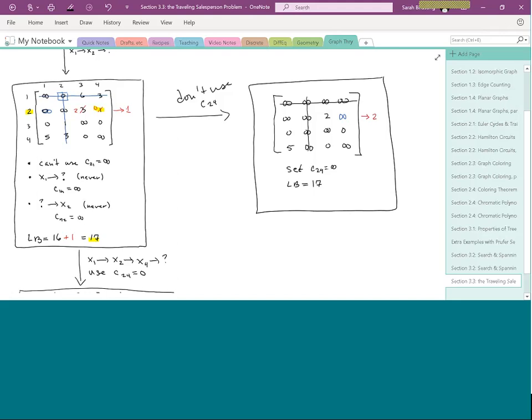Well, the infinities stay the same. Don't overthink it. But the 2 that's currently in there will change to a 0. Now that we have that 0, check, make sure we still have a 0 in every row and column, and we should, but let's double check just to make sure.